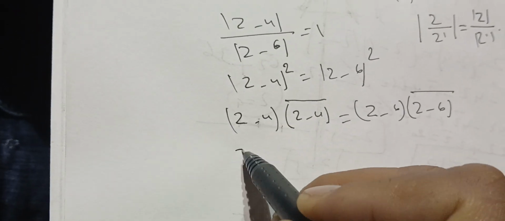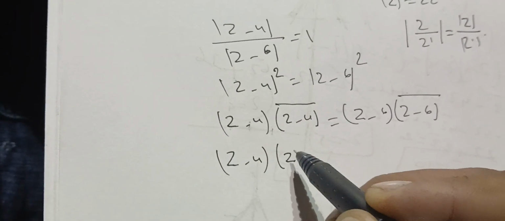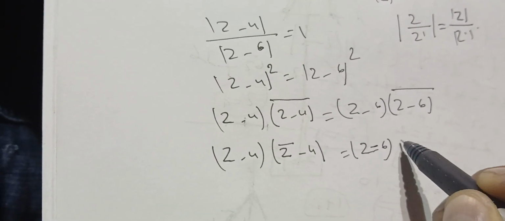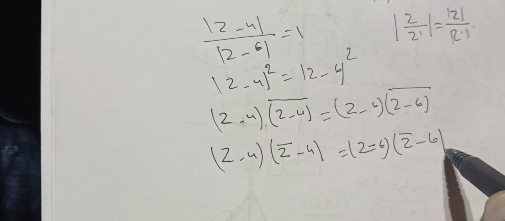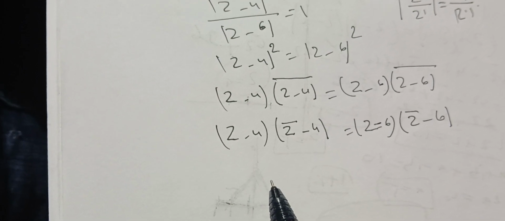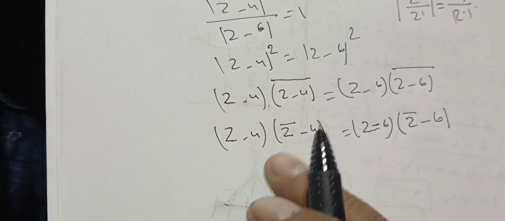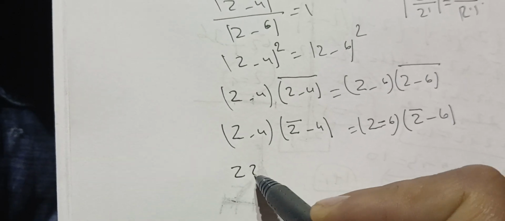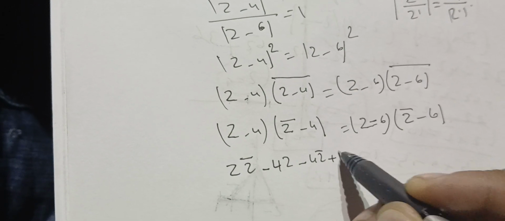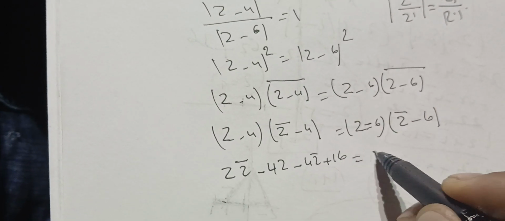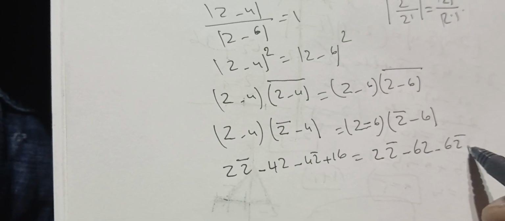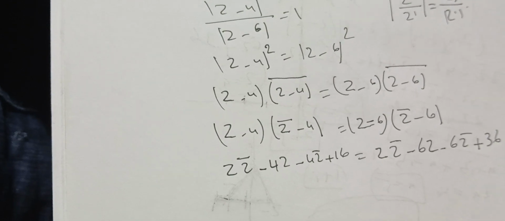So we have (z minus 4)(z bar minus 4) equals (z minus 6)(z bar minus 6). We multiply, and we get z z bar minus 4z minus 4z bar plus 16 equals z z bar minus 6z minus 6z bar plus 36.